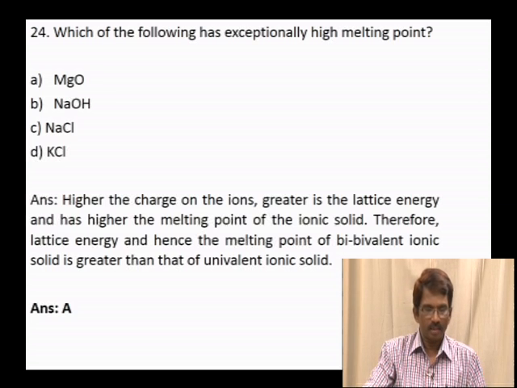So lattice energy is directly proportional to the charge on the ions. Among the options, magnesium has a 2+ charge, and therefore the lattice energy and the melting point of a bivalent ionic solid, which is MgO, will be more than that of the univalent ionic solids, and hence the correct option is option A.